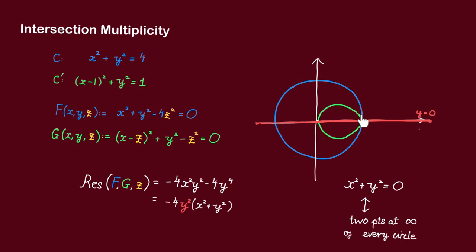Algebraically, this corresponds to the fact that the factor corresponding to this intersection point in the resultant has multiplicity 2. So observe that that factor should be the equation of the line connecting the origin to the point of intersection, which is just the line y equals 0. In the resultant, that factor appears with multiplicity 2.